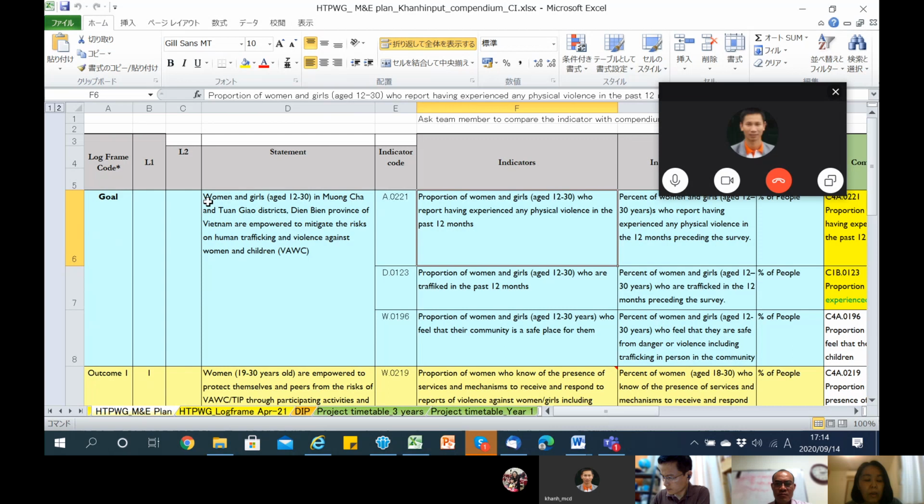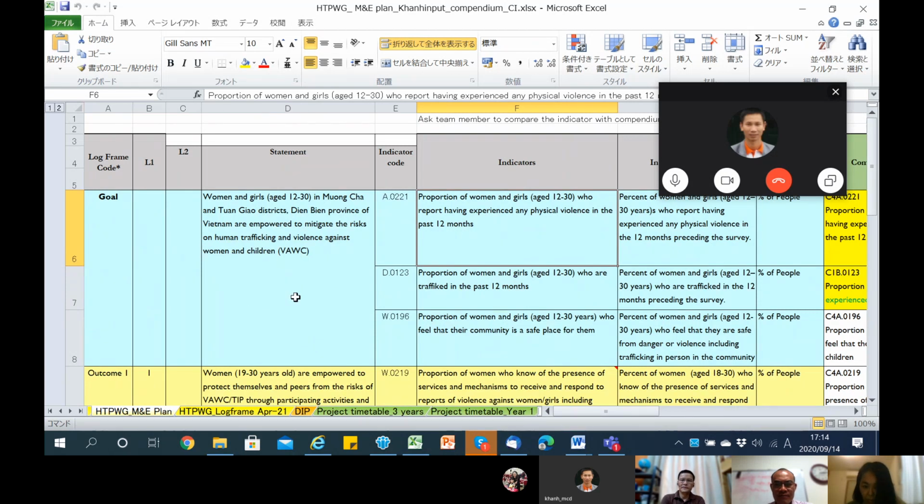The goal statement is like this: women and girls aged 12 to 30 in Mon Cha and Tuan Châu districts, Dien Bien province of Vietnam are empowered to mitigate the risks of human trafficking and violence against women and children.